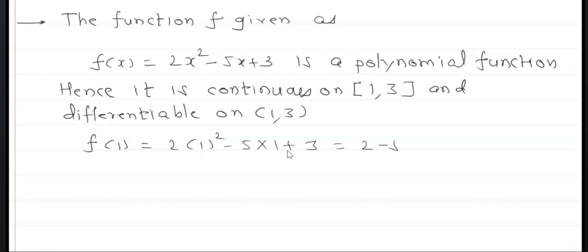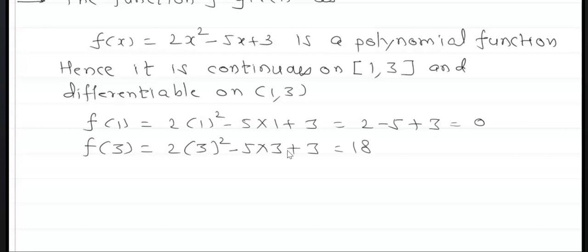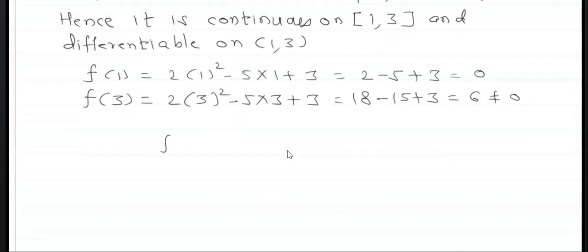Now we'll find out their values. f of 1 is 0, f of 3 is equal to 6 and it is not equal to 0.